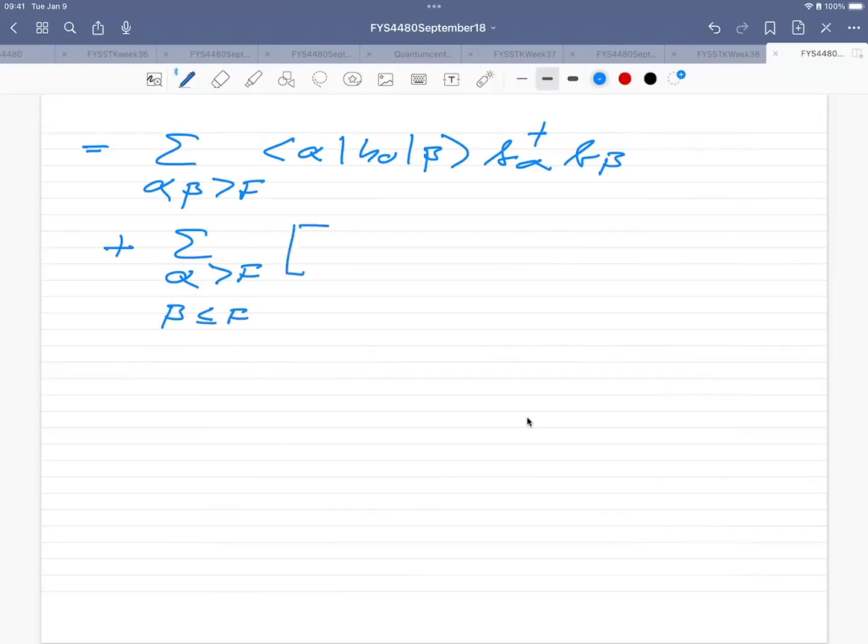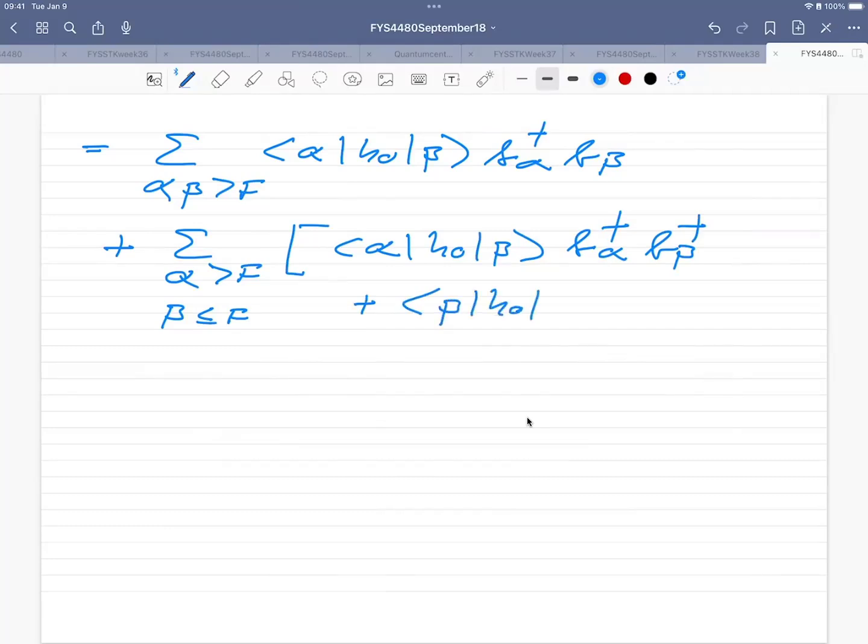And then I'm going to get two terms. One, which is the original one, where I didn't interchange alpha and beta. So I have a B alpha dagger of B beta dagger. And then I have an additional term where now beta has been interchanged. So I have an H0 and then alpha. And then I have a B beta, B alpha. These operators are still normal ordered.